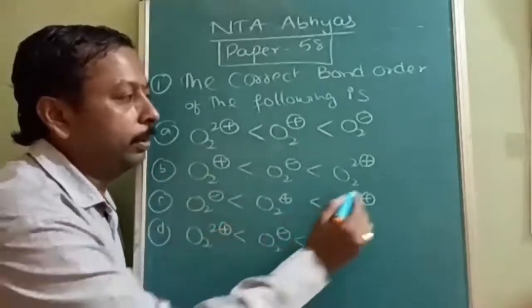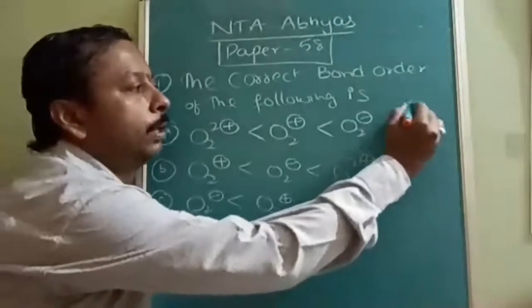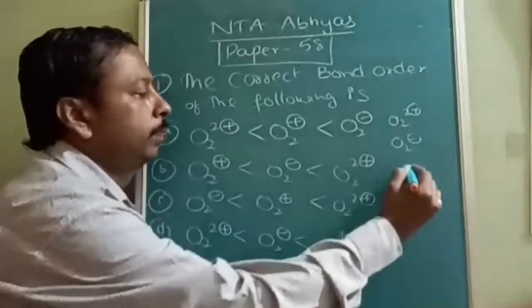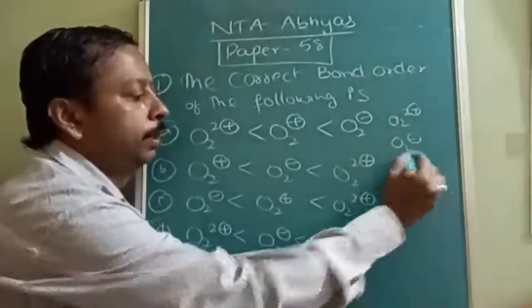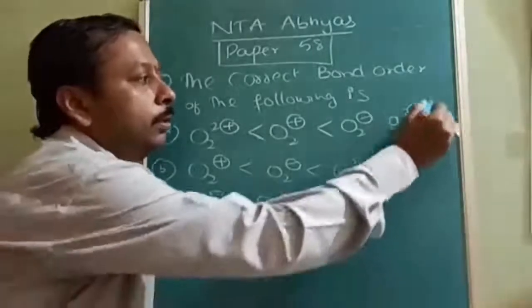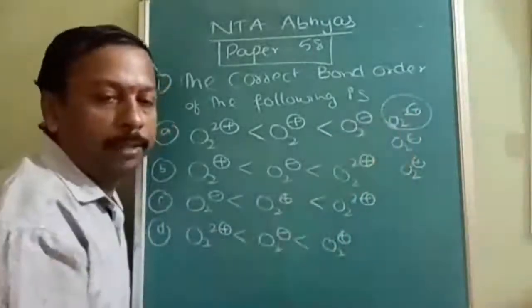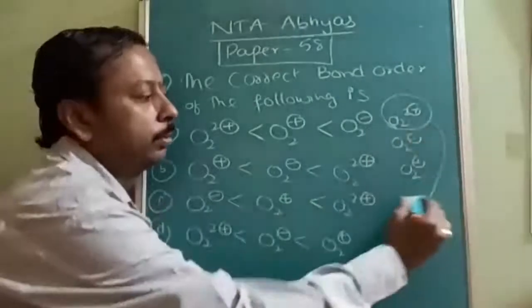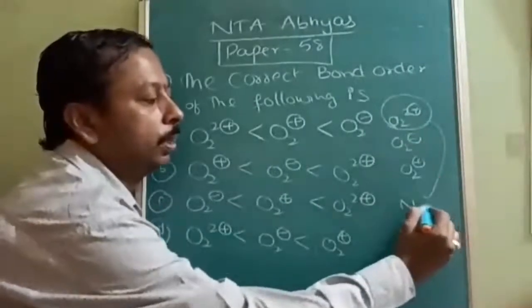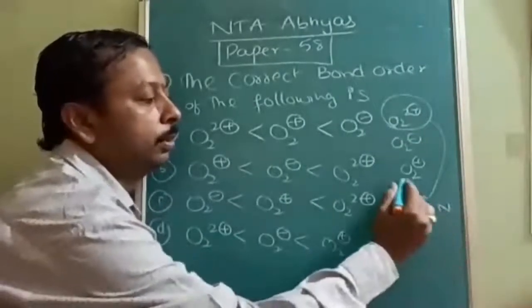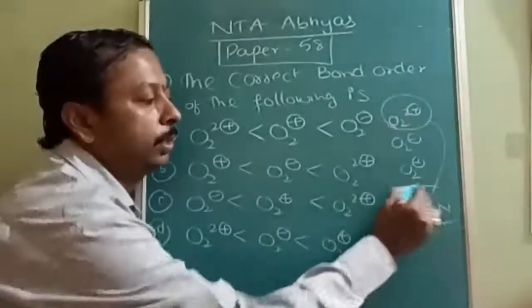What is common? O2 2+, O2 minus, O2 plus. O2 2+ means it is nitrogen only, because if two oxygens lose two electrons, it is as good as nitrogen.